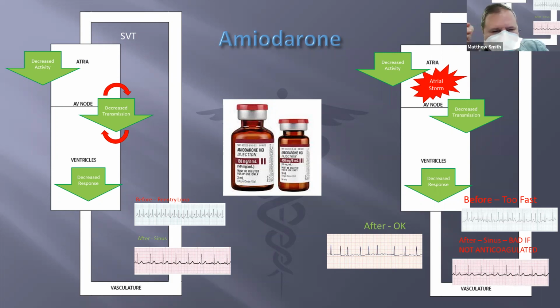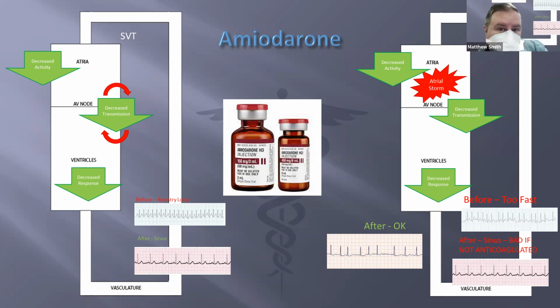Now, one thing you have to keep in mind with amiodarone is that for AFib, it does have a tendency to convert people back over into a sinus rhythm, because it has such a profound normalizing effect on the way electricity runs through the heart. So if you have somebody with new onset AFib that is not anticoagulated, which means they're not taking a blood thinner, remember that with AFib, you can have clots form in those fibrillating atria.